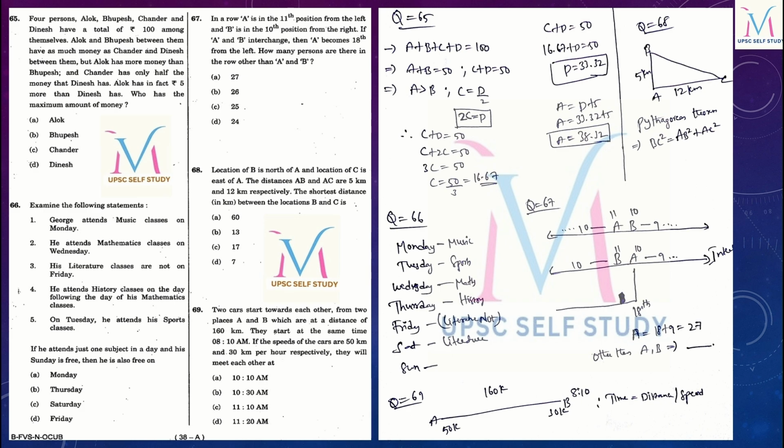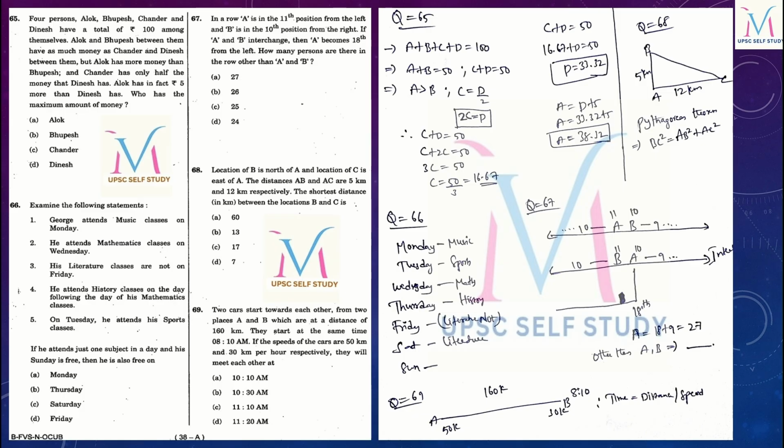Alok and Bhupesh between them have as much money as Chandar and Dinesh between them.